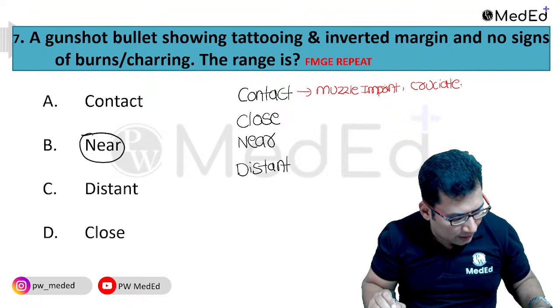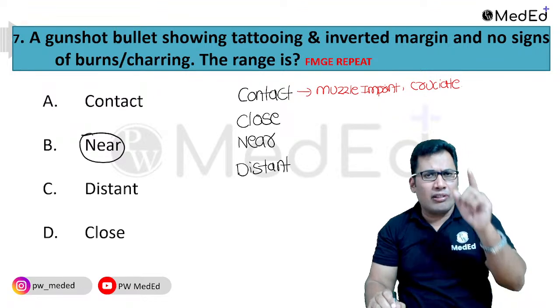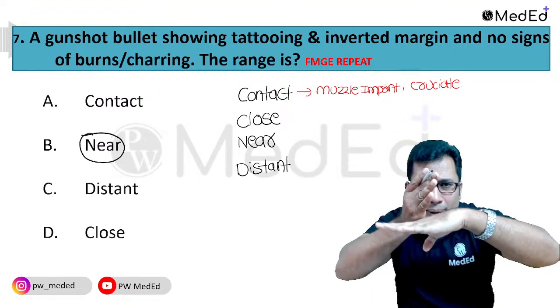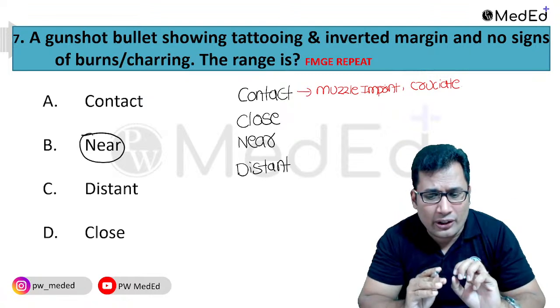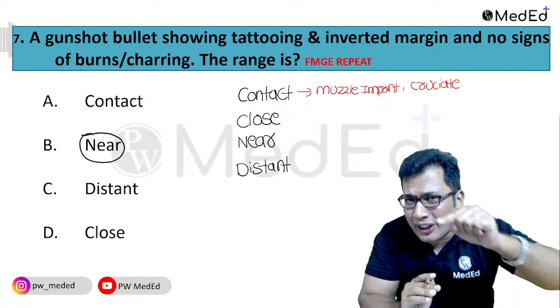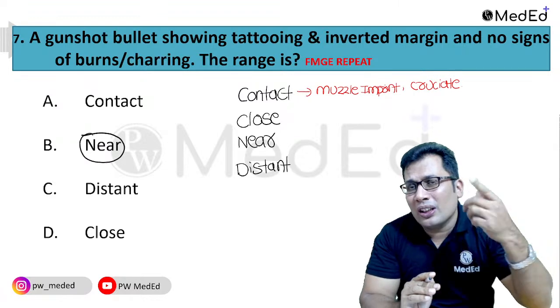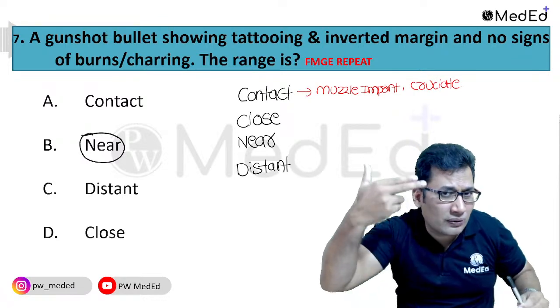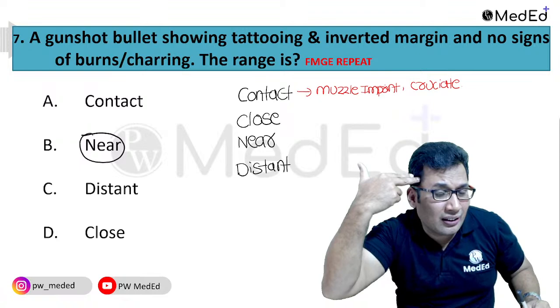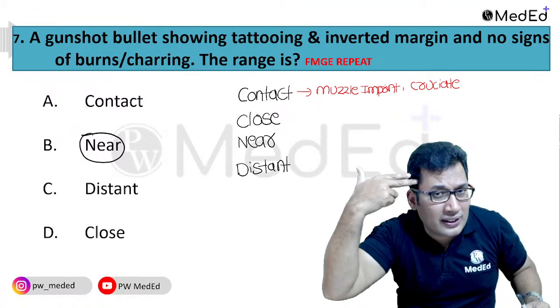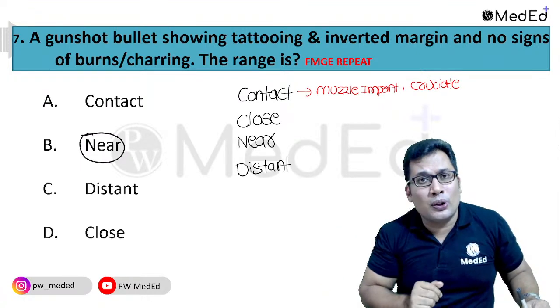Whenever it is star shape or cruciate shape like this, it must be a contact shot. Whenever you see some abrasion around the entry wound, that is known as muzzle imprint. Because the muzzle is placed over the skull or the skin, that leads to muzzle imprint.